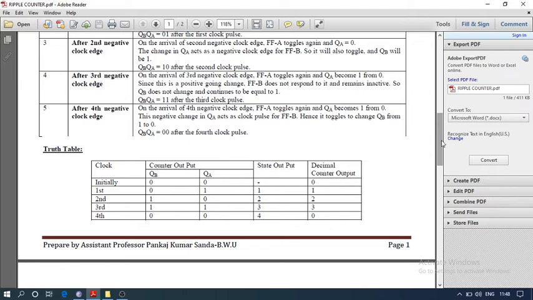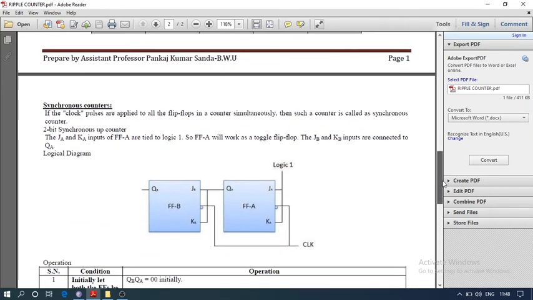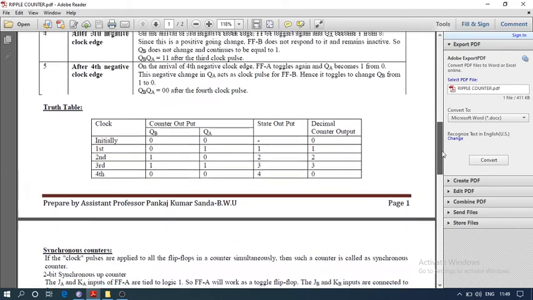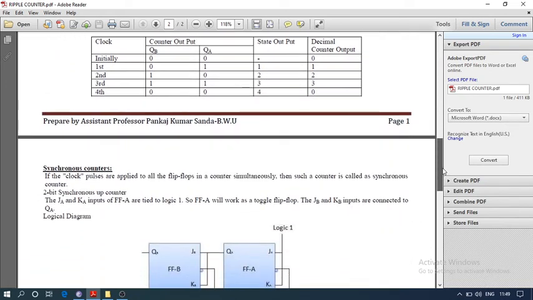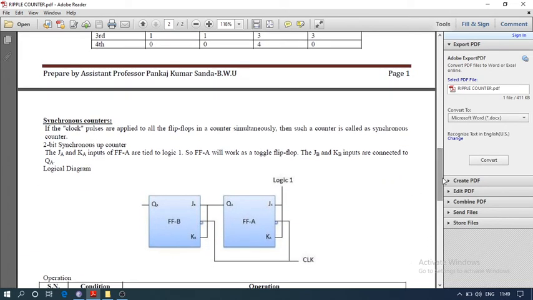So this is the ripple counter or asynchronous counter, and this is the synchronous counter whose working principle is the same as the previous one. So in this lecture we have discussed the asynchronous counter, that is the ripple counter, and the synchronous counter with the same working principle, where the clock is connected to all the flip-flops, that is, this clock is connected to this flip-flop and this flip-flop, so it is called a synchronous counter.